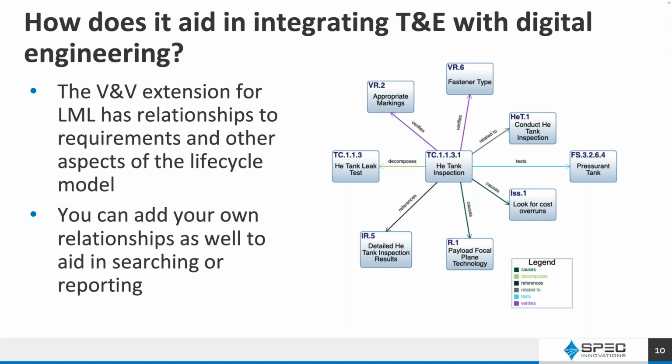So here's a simplified spider diagram showing, in the center, a test case. I only know that because I use the acronym TC to mean test case. It verifies a verification requirement, using the acronym VR. It's related to a conduct helium tank inspection that would be done separately, perhaps.